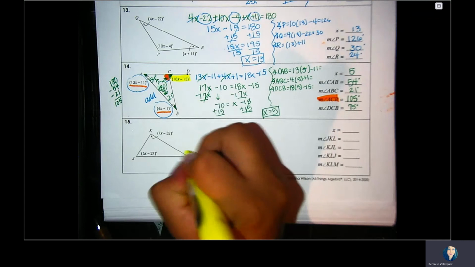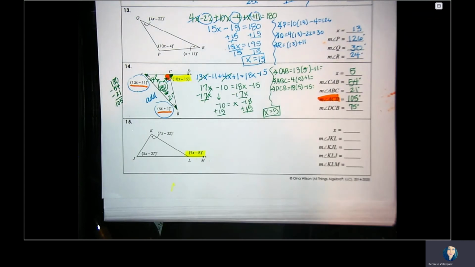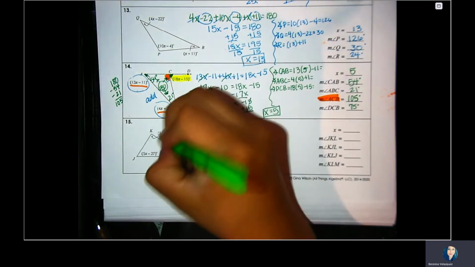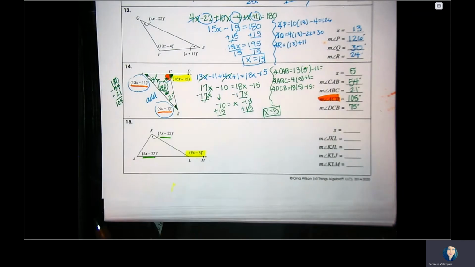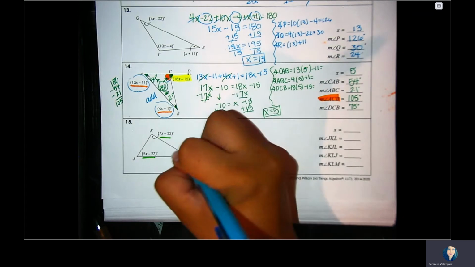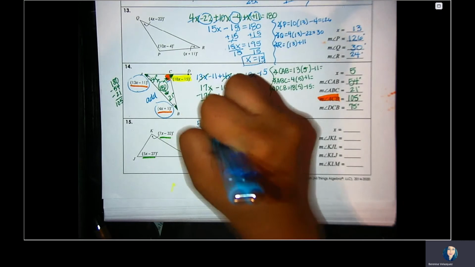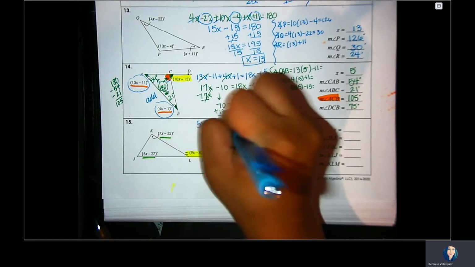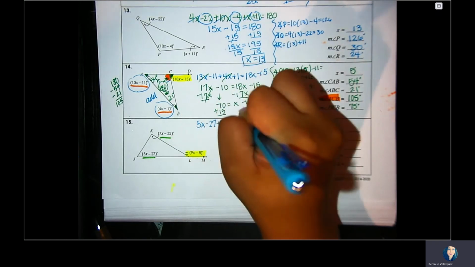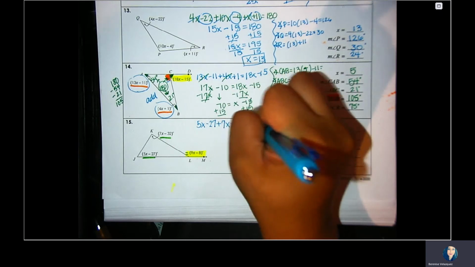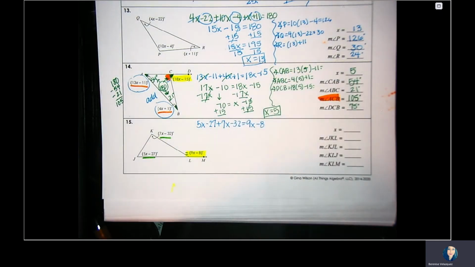So here's my outer one. Here are the 2 that I'm going to add together and set equal to the one here. Okay, so here's my setup. 5x minus 27 plus 7x minus 32 is equal to 9x minus 8.